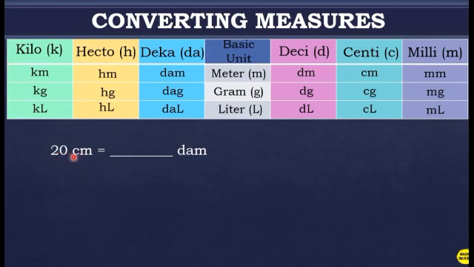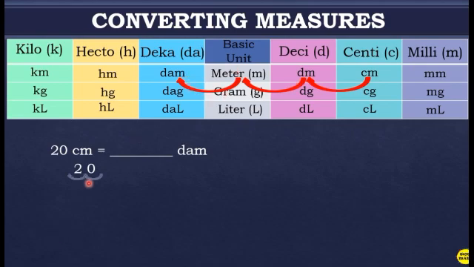I have here 20 centimeters is equal to how many decameters? So, yung centimeter, gagawin daw po nating ilang decameter. Ang una mong gagawin, move mo. From centimeter, 1, 2, 3. Dapat mag-end siya sa decameter. Ilang moves? 3. Okay, so copy natin si 20. Since 3 siya, 3 din.